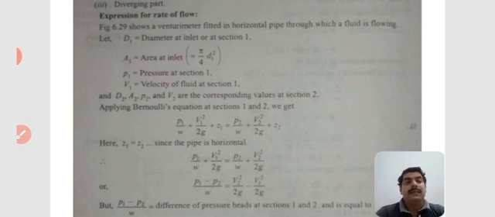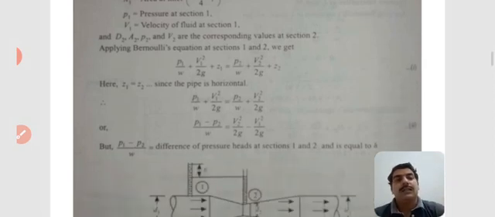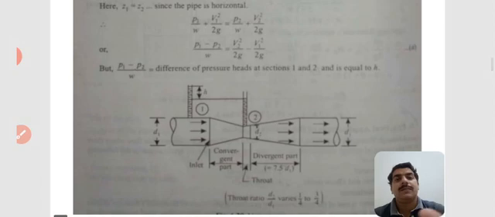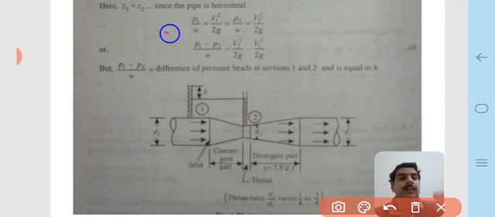Therefore, applying Bernoulli's equation at sections 1 and 2, we get P1/w + V1²/2g + Z1 = P2/w + V2²/2g + Z2. Since the pipe is horizontal, Z1 and Z2 have the same value and can be cancelled out.